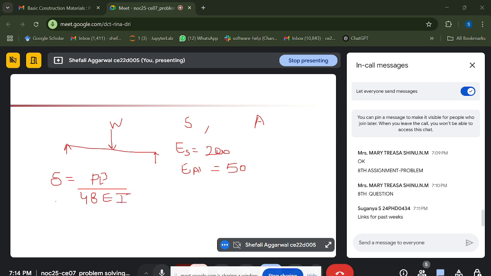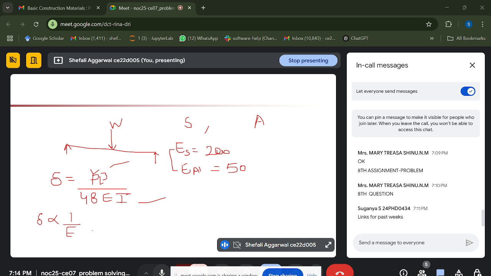We have two beams, one made of steel and one made of aluminium, with the same loading. The only value that differs is E. The load P is the same, length is the same, I is the same. So your deflection is inversely proportional to your E value.